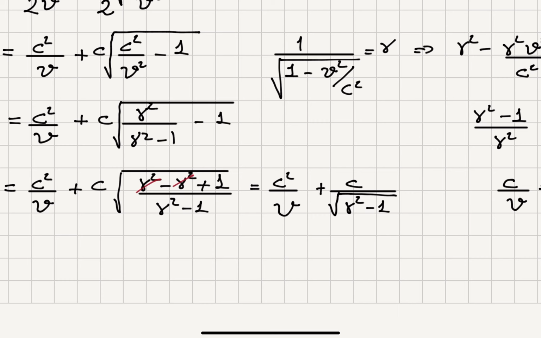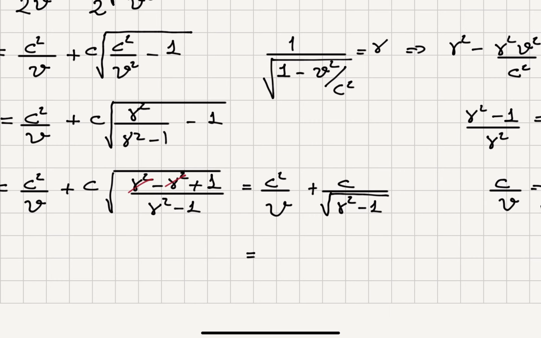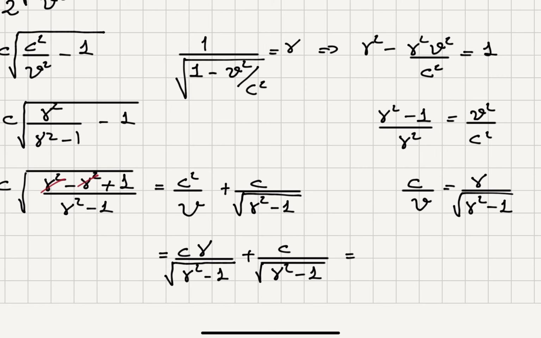All right, so this is c times c over v, which is c times gamma over square root gamma squared minus 1. And here I have c over square root gamma squared minus 1. And this is going to give me c parentheses gamma plus 1 divided by square root gamma plus 1 gamma minus 1.